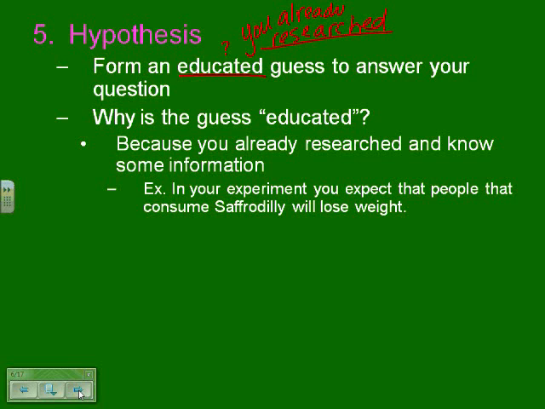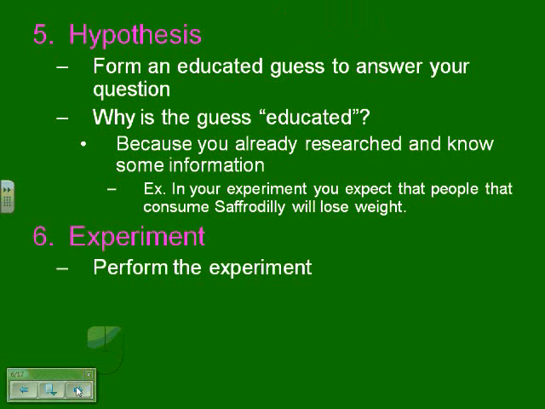A good scientist would have already researched and already be well educated on this information. So you create this hypothesis, this educated guess for what you think the outcome will be. Obviously in this case, your expected outcome is that Saffrodilly will help people lose weight.